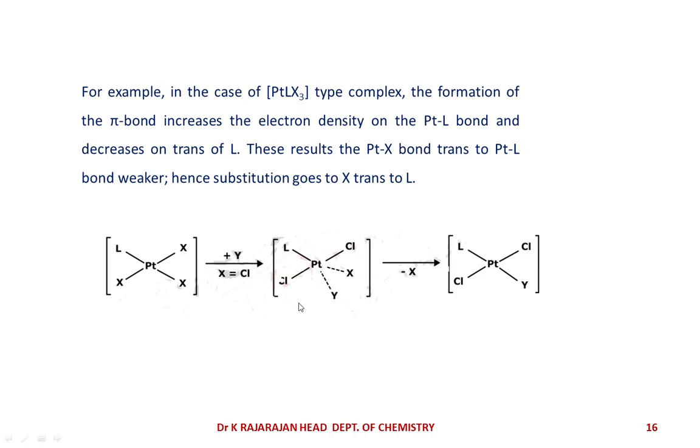The bond associated with X is getting elongated due to the polarization effect of L, so it will be detached from the complex and the incoming ligand Y will be substituted trans to L, so that you will have the structure like this: the trans platinum dichloro di L and Y ligands. This is due to the trans effect of L.